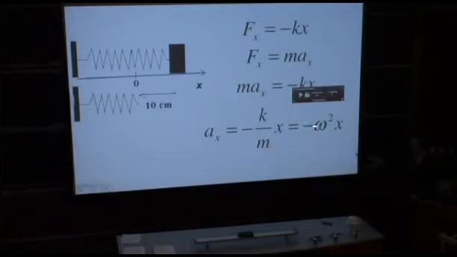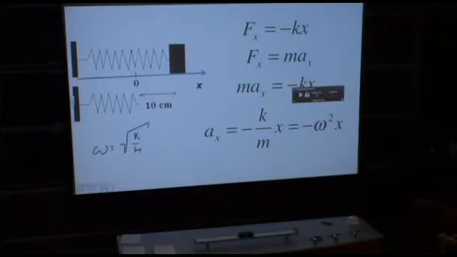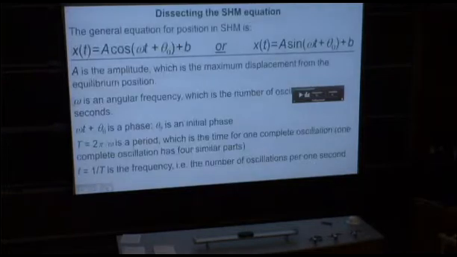So omega squared is equal to k over m. So strictly speaking, omega has to be equal to this. So, of course, the solution of that equation depends on these two parameters, k, the spring constant, and m. And this is the solution.